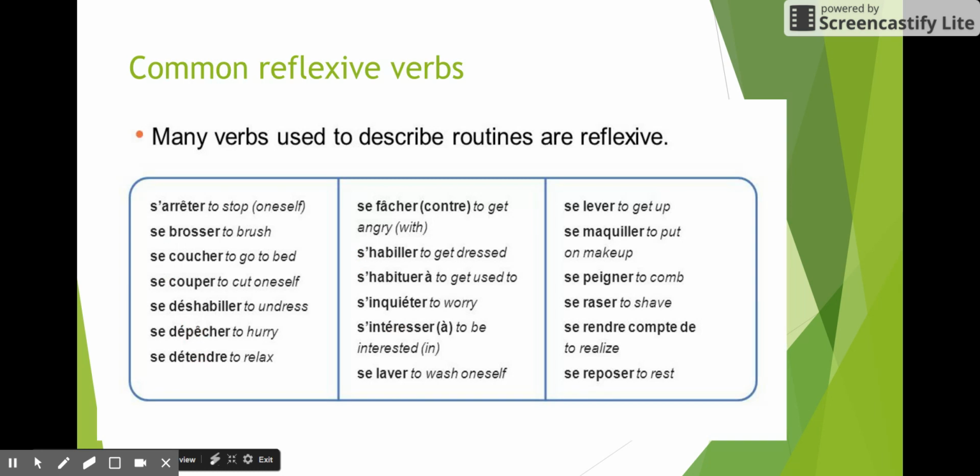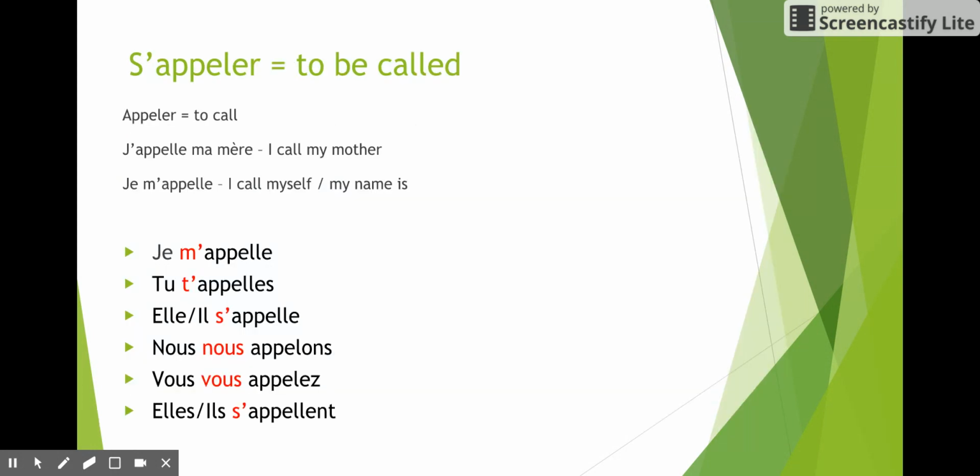Here are just some examples of reflexive verbs in French. You can notice that some of them are reflexive in English, but lots of them have meanings to do with daily routine, which will be very useful in this unit of work. So here's a verb that you know, but maybe you didn't know that it was reflexive.